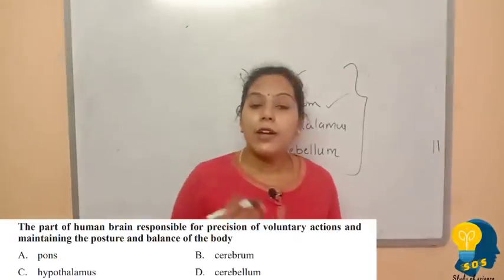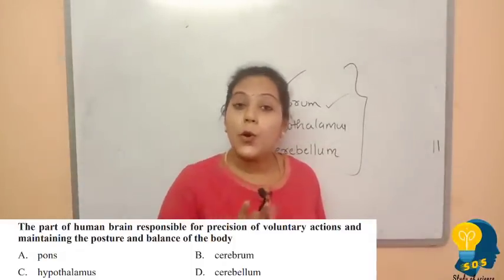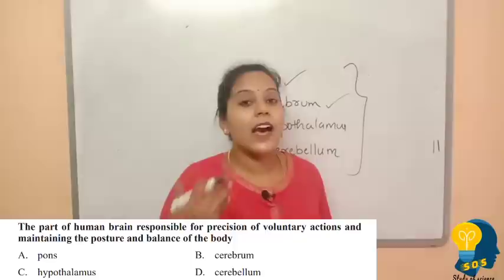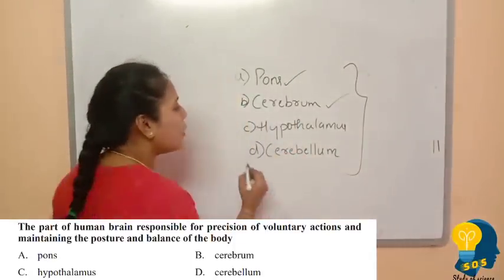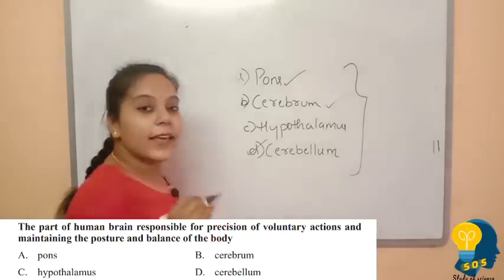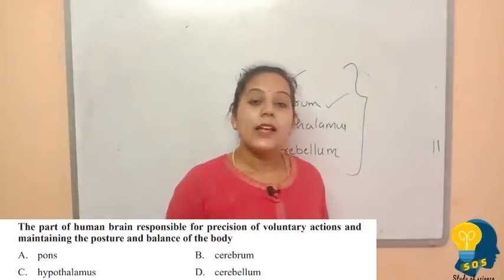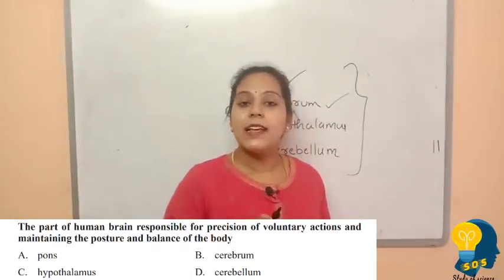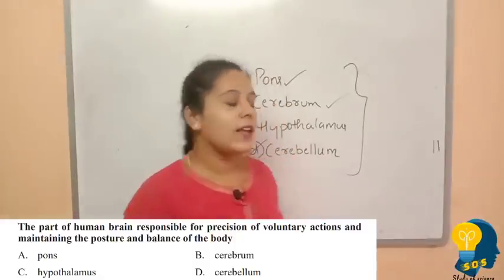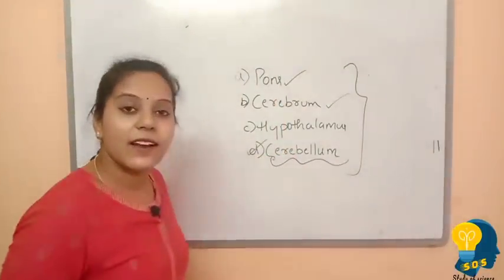The hypothalamus controls sleep and awakening in our body. It works like an alarm. But when we talk about option D, the cerebellum controls the voluntary actions, the posture, and it also maintains the balance of the body. So the correct answer is option D, cerebellum.